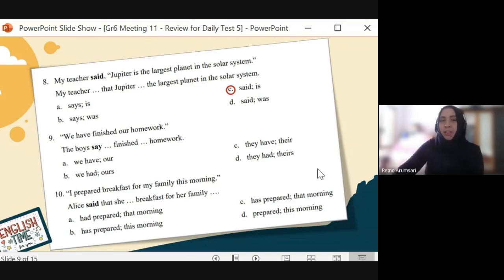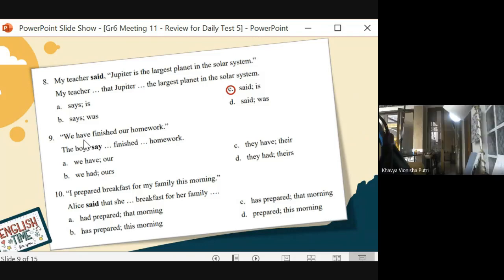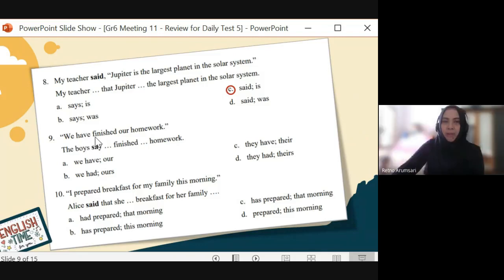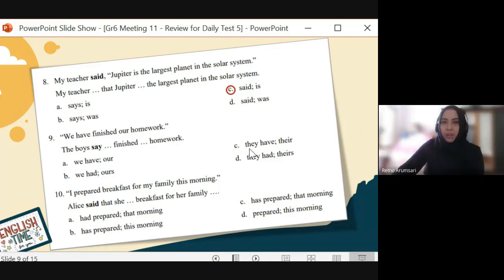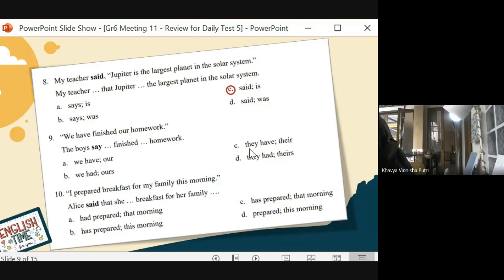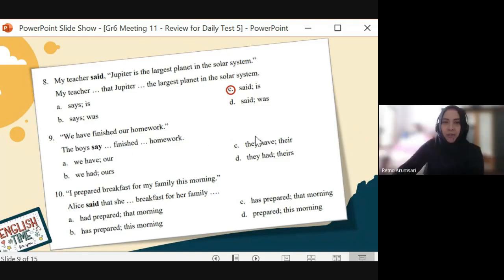You only change the pronoun, okay? And you have to look at the verb. Is it a verb one? We have here, right? You change we into they. We use have or has for they. For they, we use have, right?